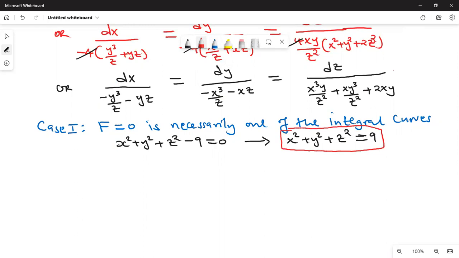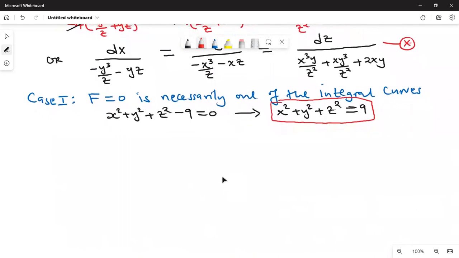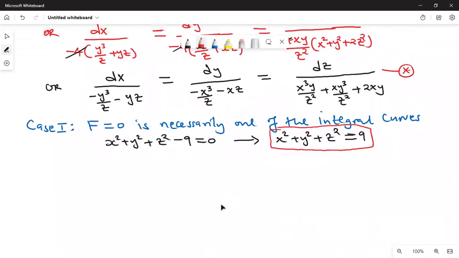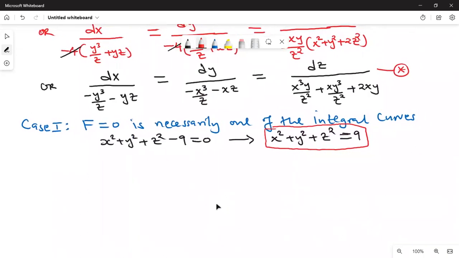So it remains to find the second solution. And the easiest way to find the second solution is to use the first solution to eliminate one of the variables in the equations that you will pick. So in case 2, I want to pick the first two fractions.